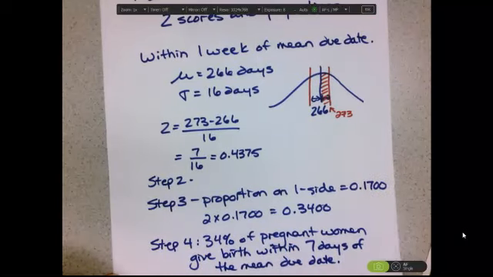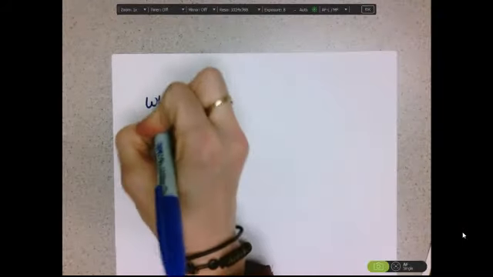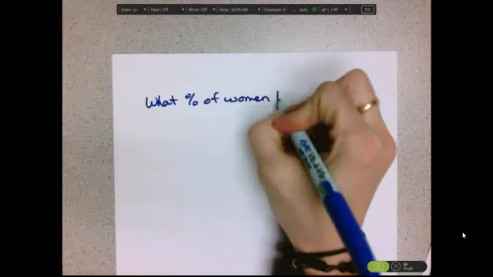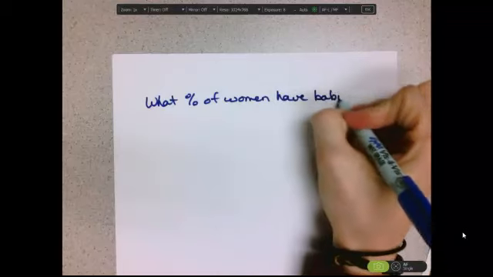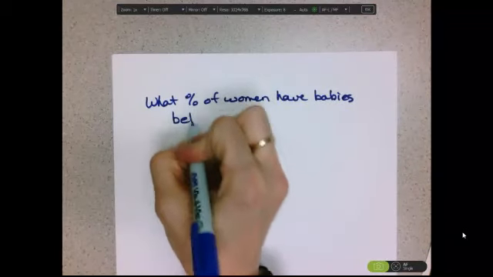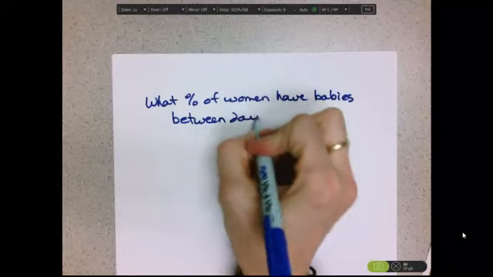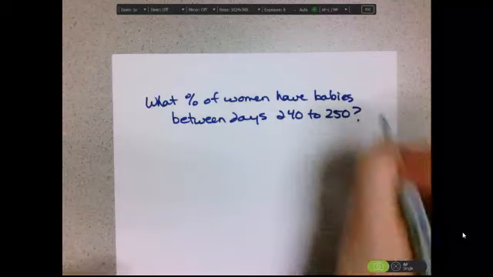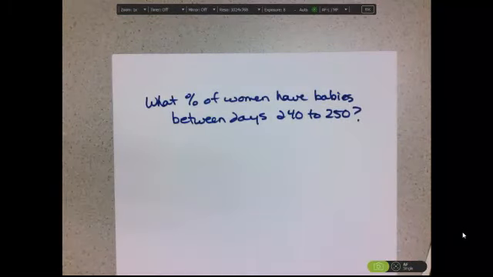For this next example, we're going to look at what percentage of women have babies between days 240 to 250. Again, you could pause the recording here, try this out on your own, and then come back. Of course, that's up to you.